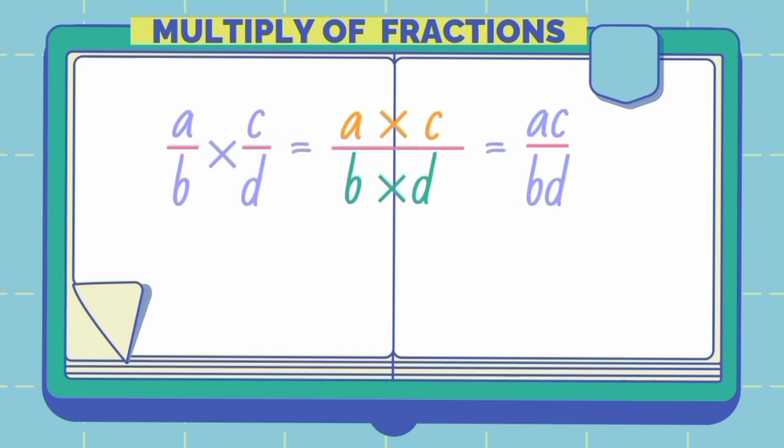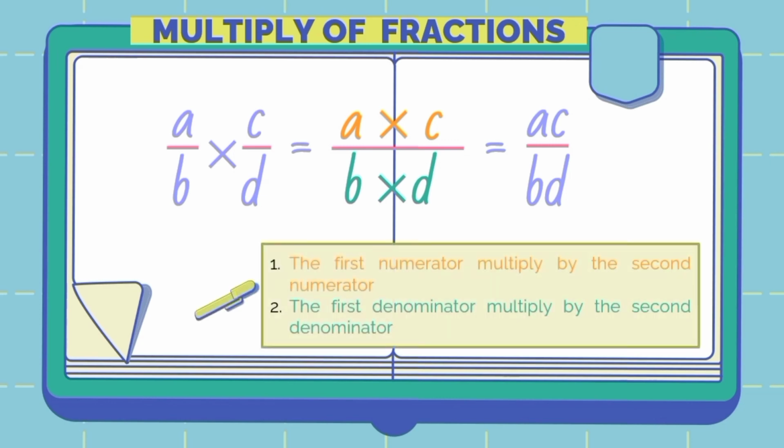The fourth is multiplication of fractions. Why do we need this concept? Because after converting all the forms into fractions, we will multiply the fractions obtained earlier by the total land that Grandpa has, so that we know the area of each one that has been determined. Step 1. The first numerator multiplied by the second numerator.